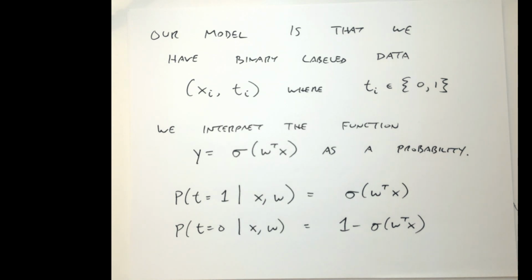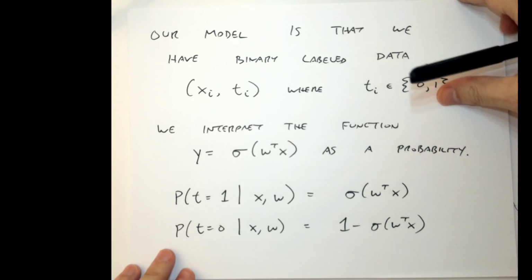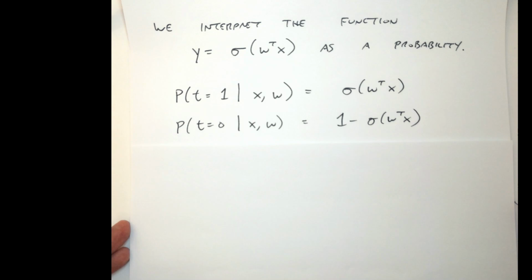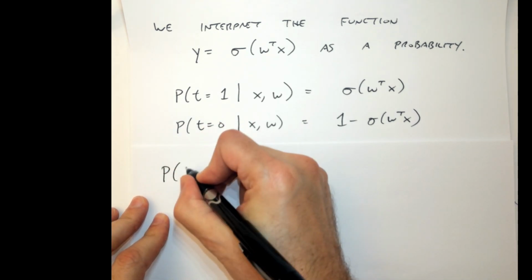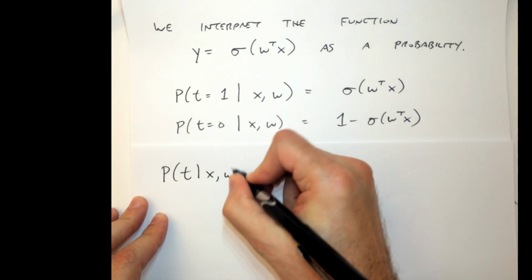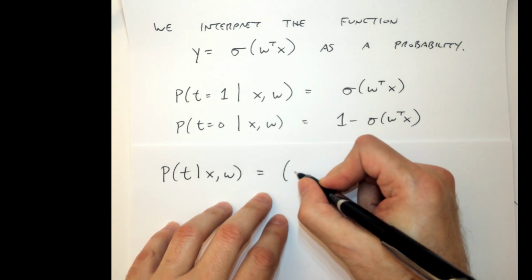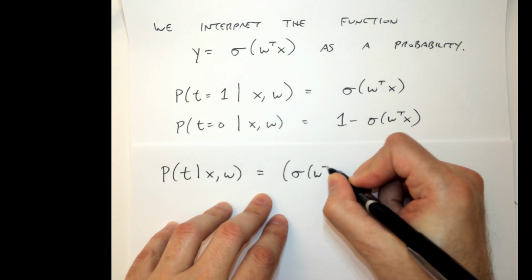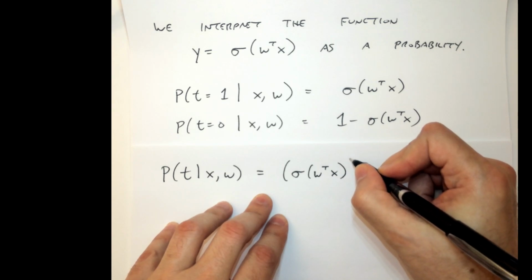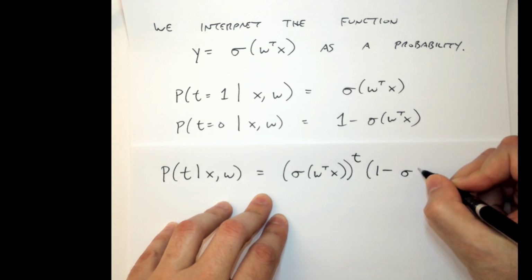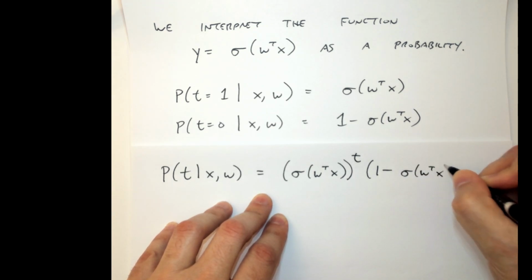And so there is a more compact way of writing this, which is a little bit tricky, but if you think about it, this is like saying that the probability of t given x and w is equal to this. So I'm raising this to the t power. This is not transpose.